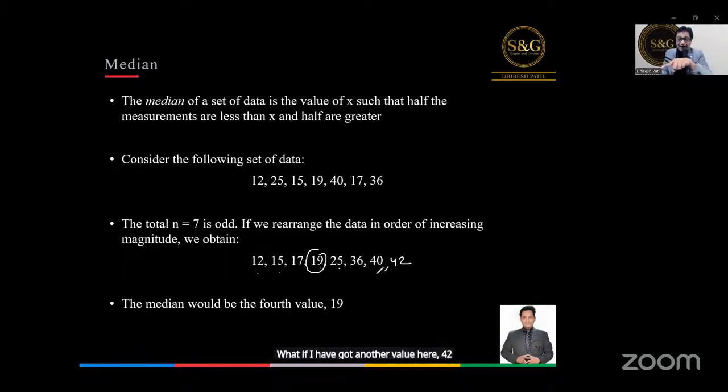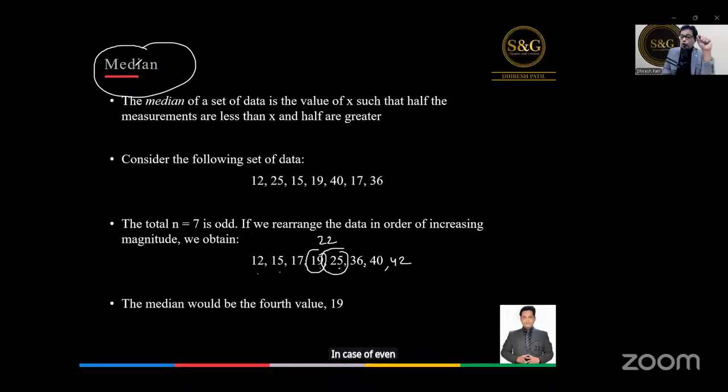Now I have 8 values and 2 values in the center, 19 and 25. I take the average of these two, which is 22, and that becomes my median. In the case of an even number of values, you take the average of the two central values, and that becomes your median. Clear?